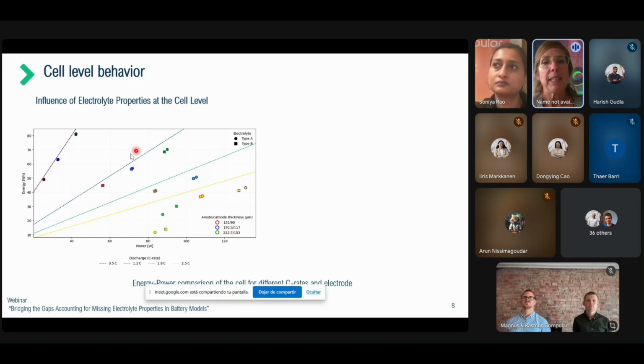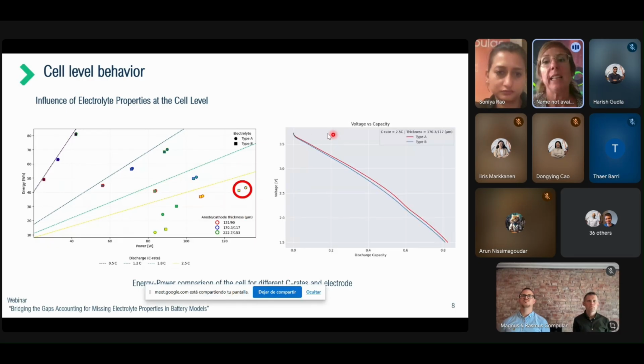So here, depending on the C rate, we are seeing that the differences between the circle and the square get higher. And in the end, we are able to plot the complete voltage profile.